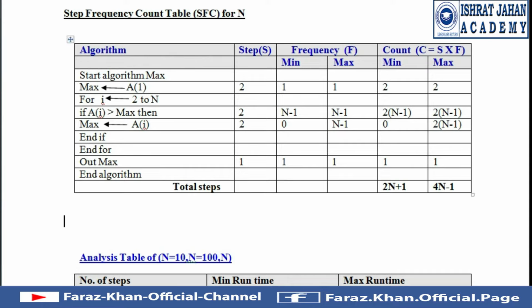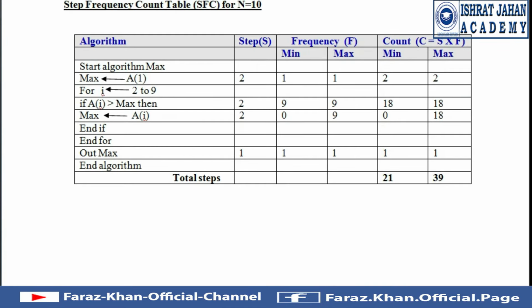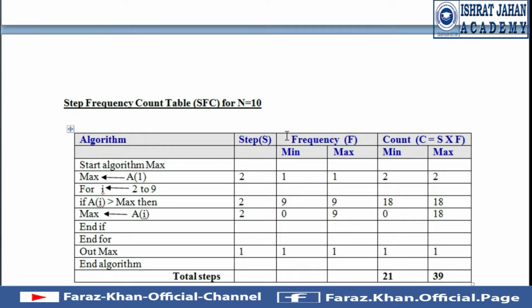So here are the steps. Let me revise it for you. For finding the largest element of an array, it will take 21 steps in minimum and 39 steps in maximum for an array of size n equal to 10. Got it?